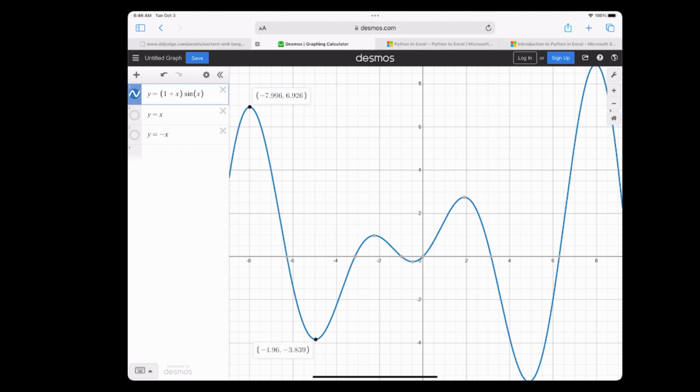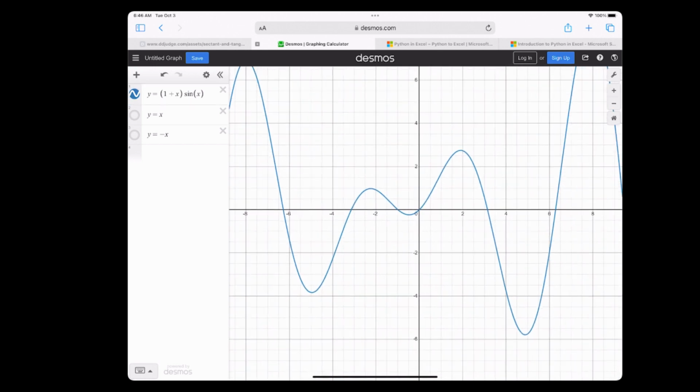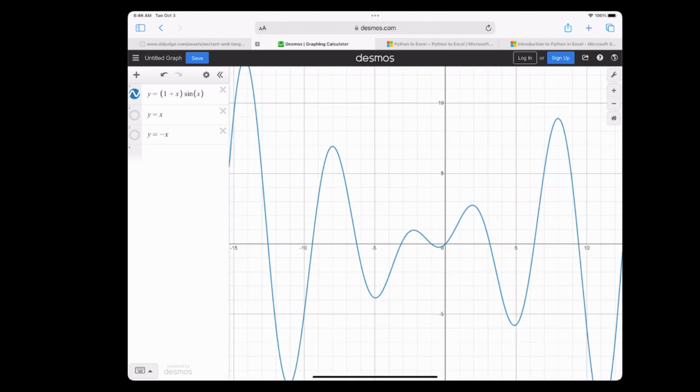Yes. Are you in a valley here? Yes. Valley, hill, valley. Has tons of what? Locations of horizontal tangents.